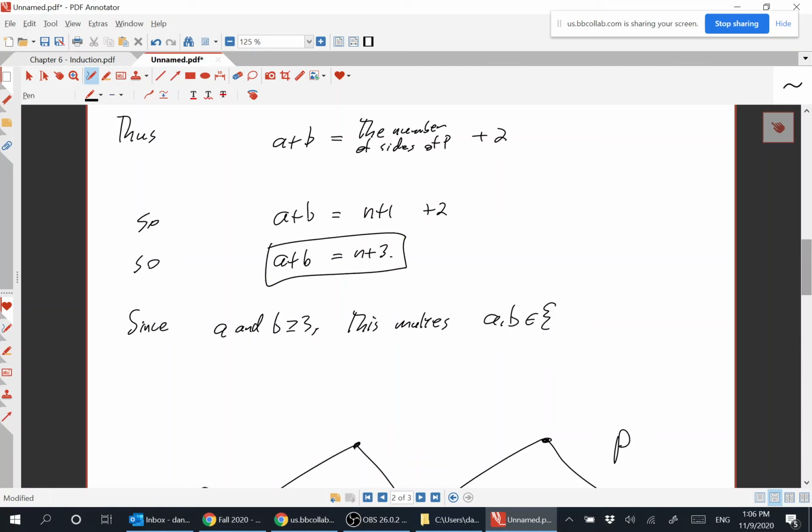Since A and B are both at least 3, then the least A and B could be is 3. What is the largest A and B could be?